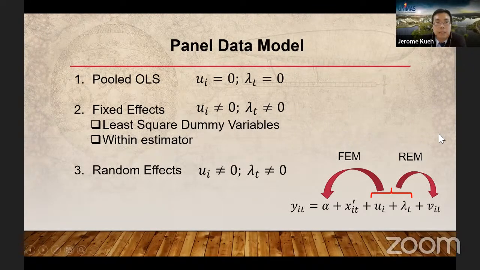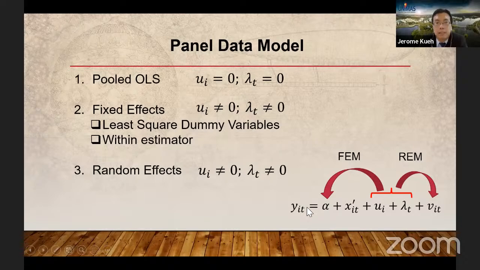So here I just briefly share with you how we distinguish between the fixed and the random effect. It doesn't matter how we treat this unobserved heterogeneity here, the u_i and the lambda_t can change across different observations or across different time.